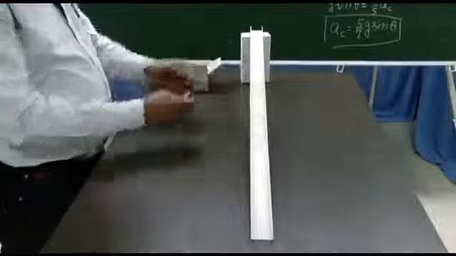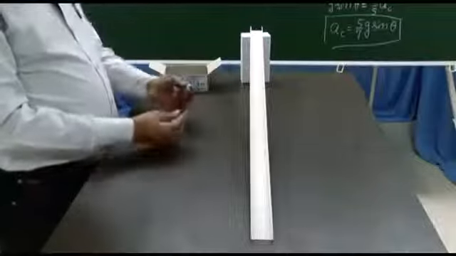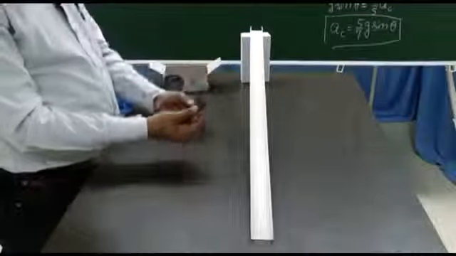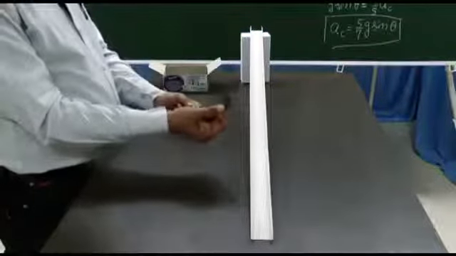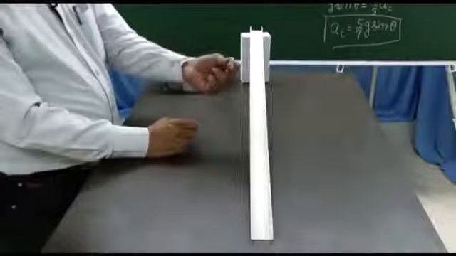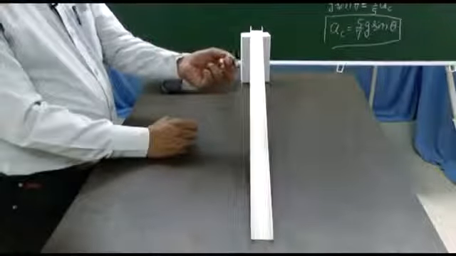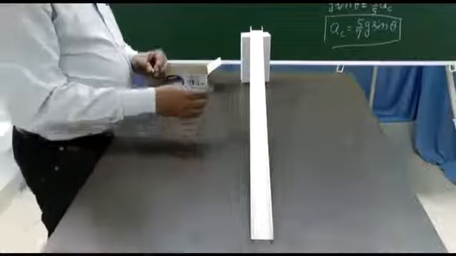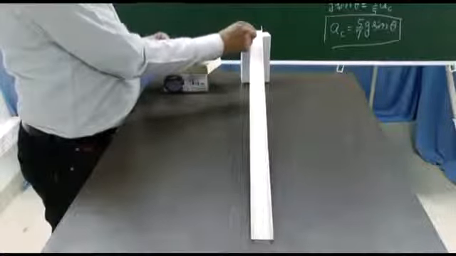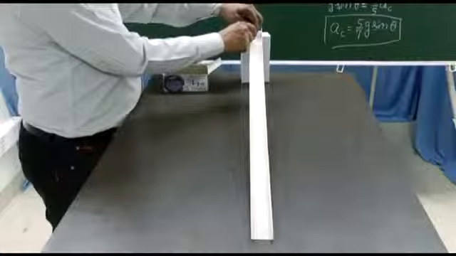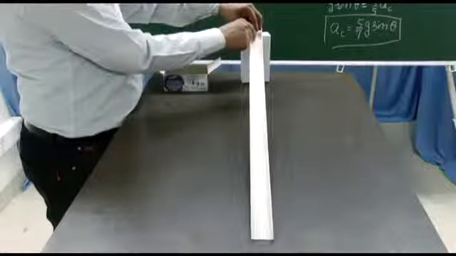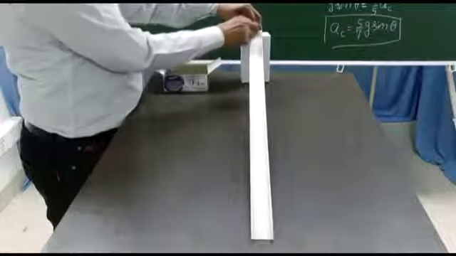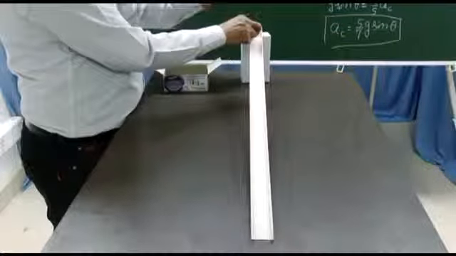Now let me do the same experiment with two different shapes. One object is disc type and another object is ball type, a spherical ball. I will put this disc here and the ball here. So the disc is at front, the ball is at rear, and I release it from this position.